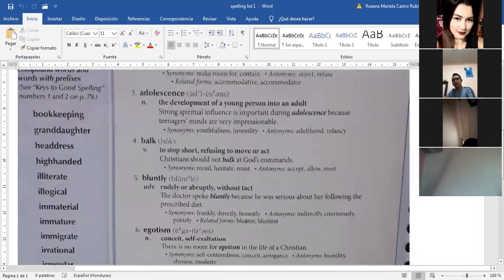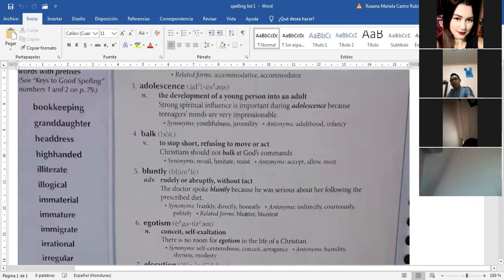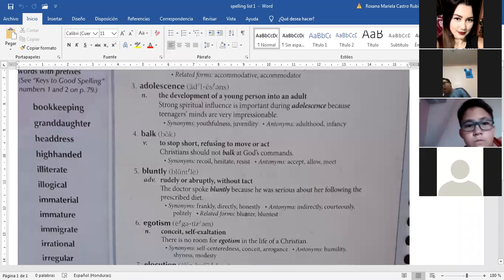The next one. Bluntly. This one is an adverb. Remember that an adverb describes how something is done. Do you remember? Adverbs describe the verbs, how something was done. And as you can see, it ends with ly, bluntly. And it says rudely or abruptly, without tact.